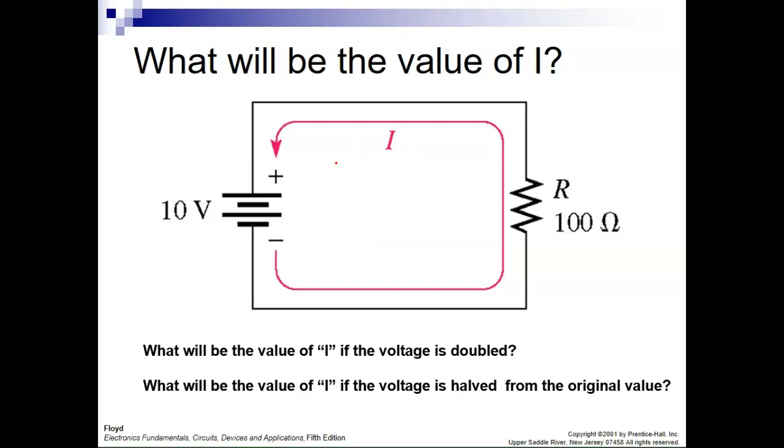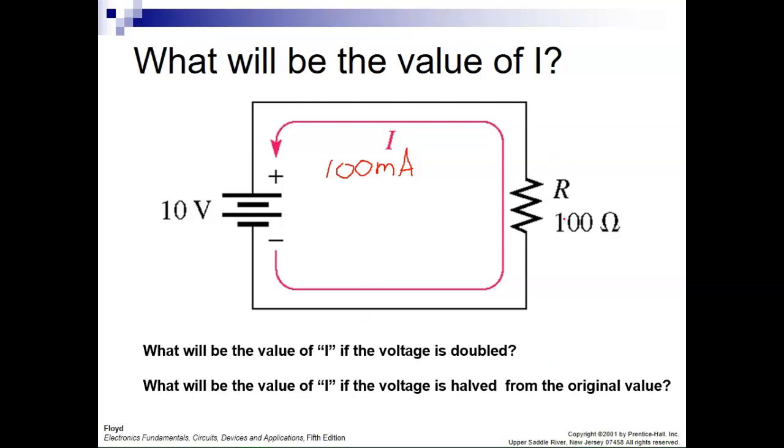It's 100 milliamps. I just put that in right. You said 100 milliamps. I confused myself. So what would be the value of your current if your voltage doubled? It'd still be 100.